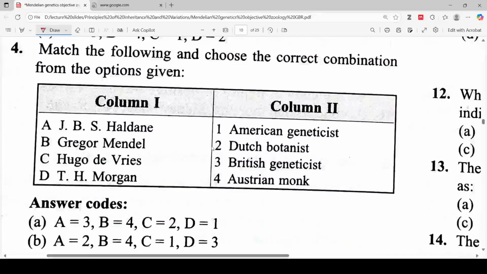Again matching. Match the following and choose the correct combination from the options.